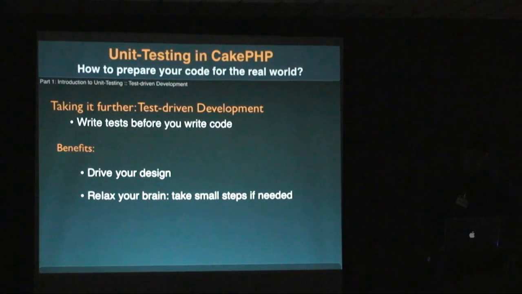And yeah, with test-driven development, there are two approaches actually. I got them from Kent Beck's book, Test-Driven Development by Example, and they are called triangulation and fake it till you make it.